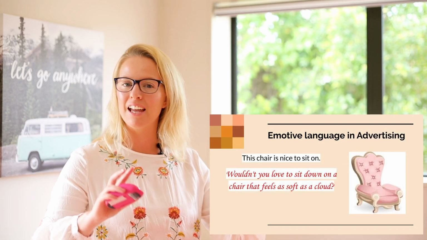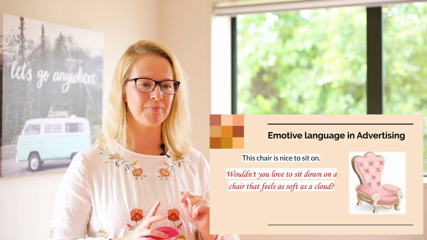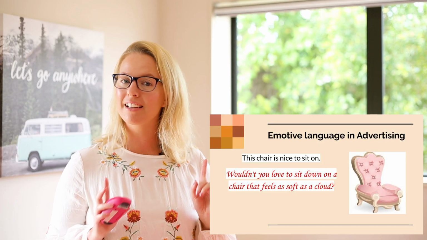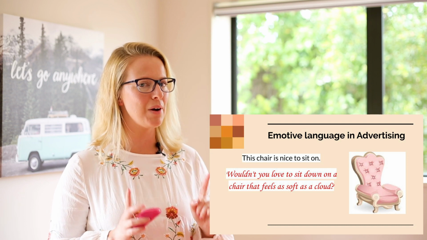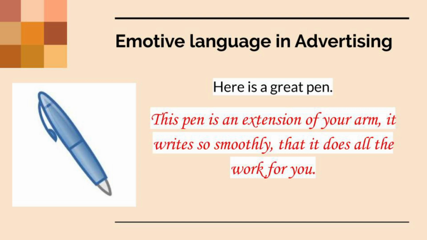All right, here are some examples of emotive language used in advertising. Instead of just saying, "This chair is nice to sit on," you could say, "Wouldn't you love to sit down on a chair that feels as soft as a cloud?" That is quite convincing. That's doing very well at persuading me to buy this chair. Here's another one.